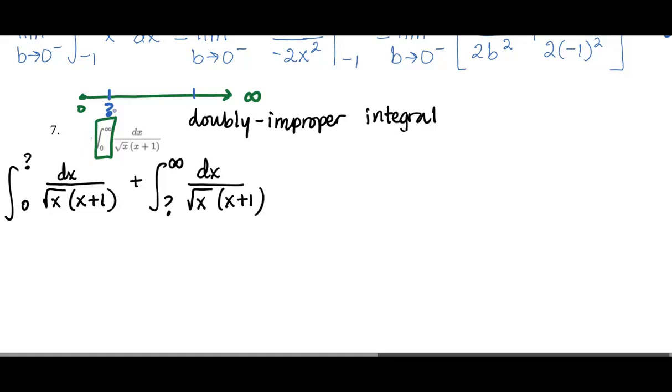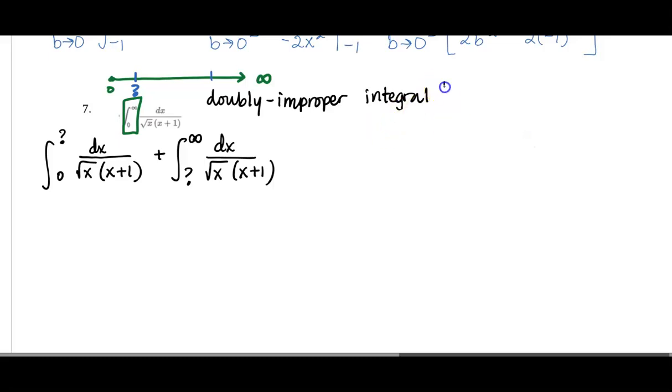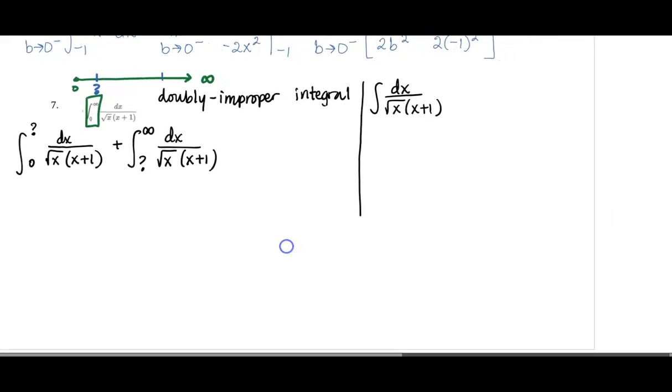And to do that, let's first see how we're even going to integrate this. So first, let's talk about how to integrate this dx over root x times x plus 1. If we try u sub and let u equal the square root of x, that could take care of the square root in the denominator, but the problem is that it does not take care of the x plus 1 down there.